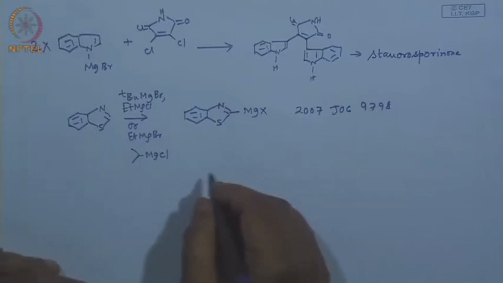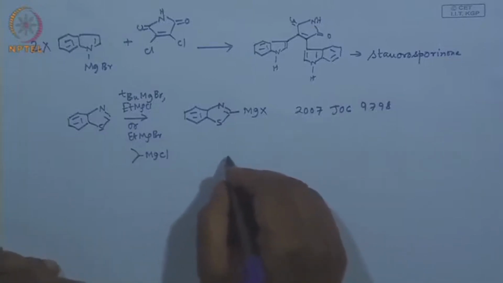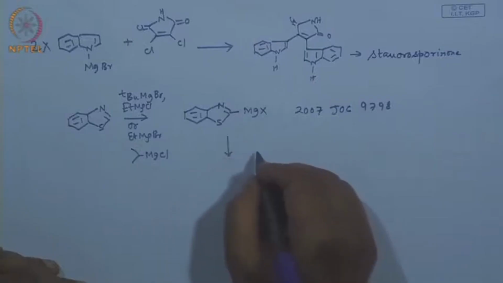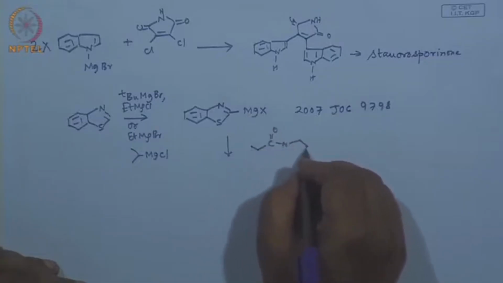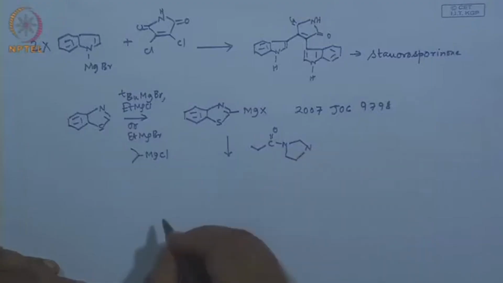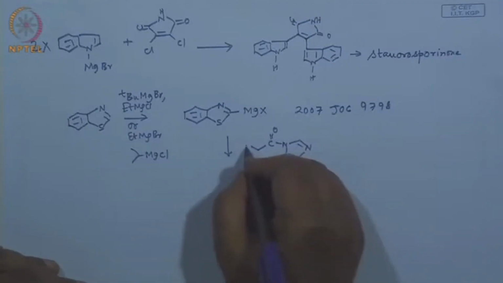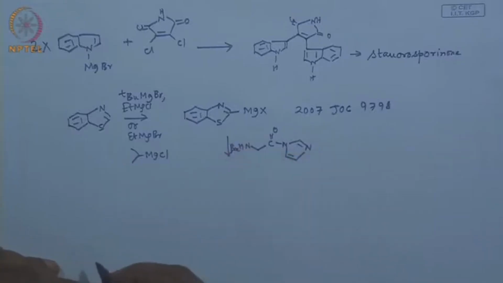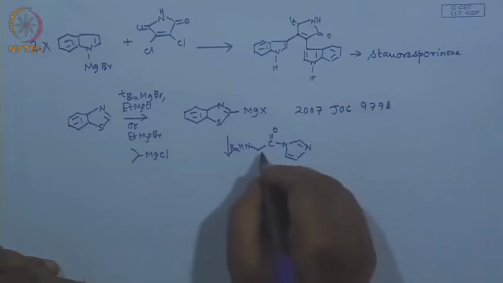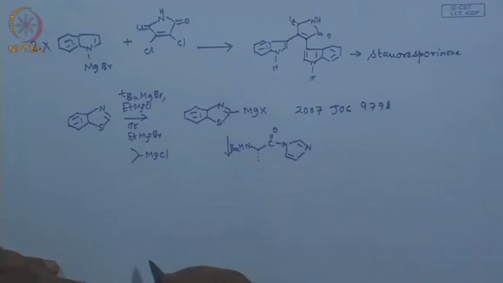In any case, this was reacted with a compound. I will just write it in short, and then you have to predict what could be the product. Apparently it looks like an amino acid derivative, and it is a 5-membered nucleus. I think all of us know what it is, and then NH Boc, and amino acid means this is in well-defined stereochemistry.